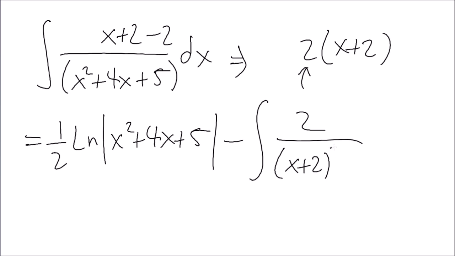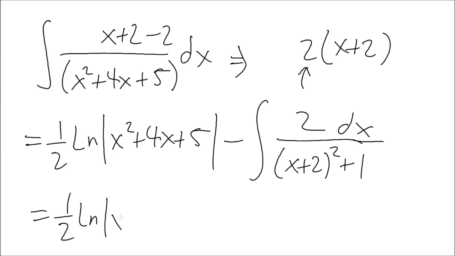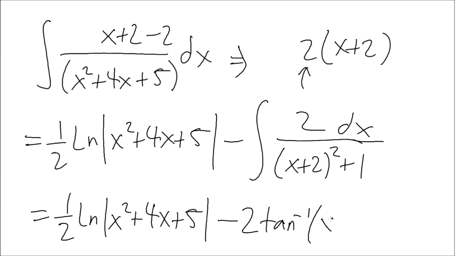This is x plus 2 squared plus 1 dx. Oh, look at this. This is just ln of x squared plus 4x plus 5 minus, and then here, this is just inverse tangent of x plus 2 plus c.